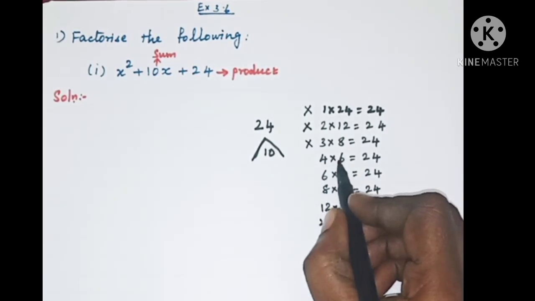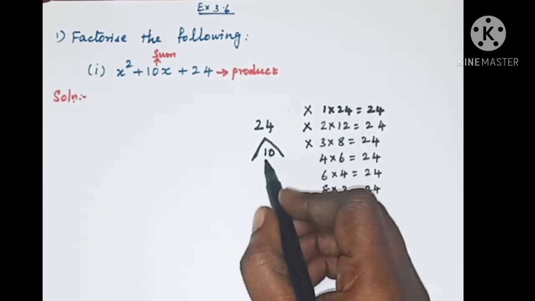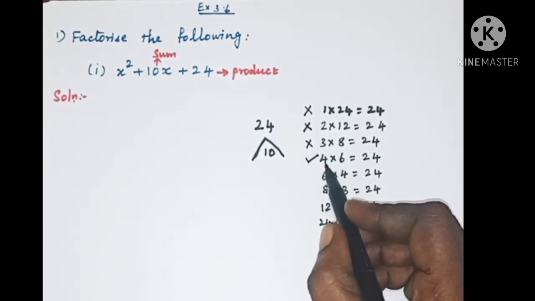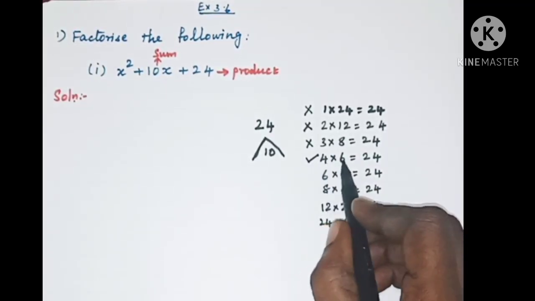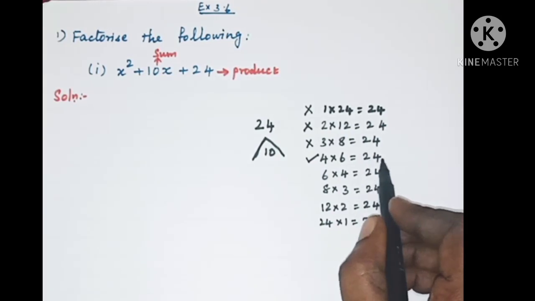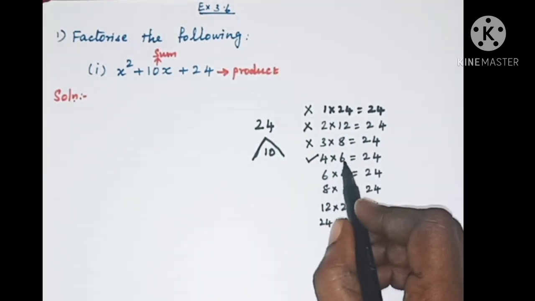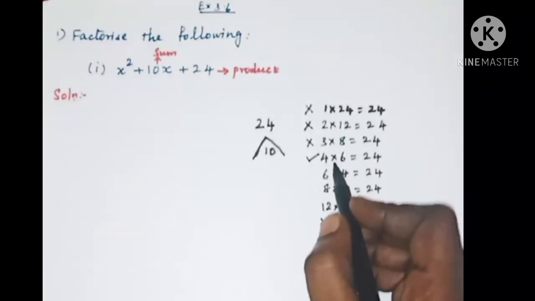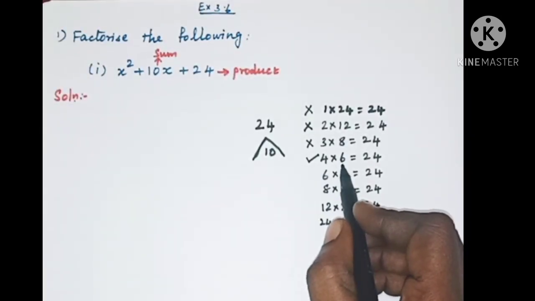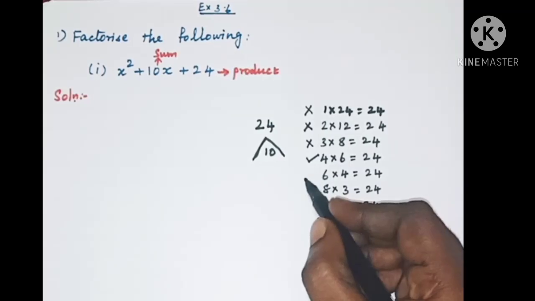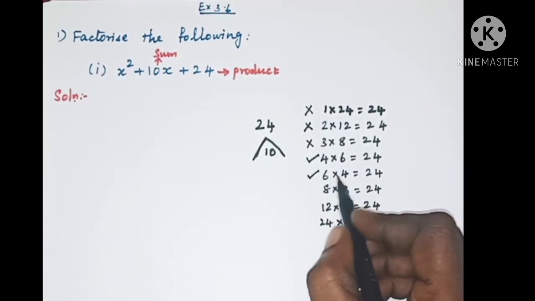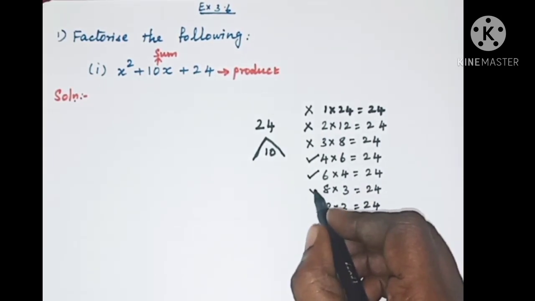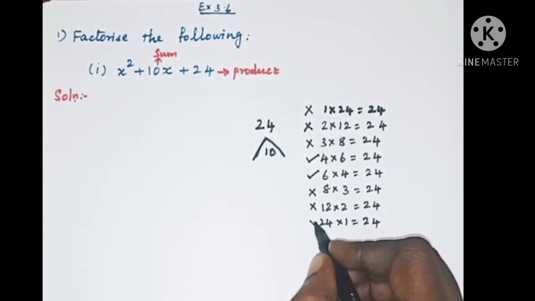And here 4 and 6 we have, 4 plus 6 is 10, so this is the possibility of the two numbers which we multiply, we will get 24, and adding these two numbers we will get 10, isn't it? So 4 and 6 are the two numbers, 6 and 4 are also the two numbers, 6 plus 4 is 10 and 6 4s are 24.